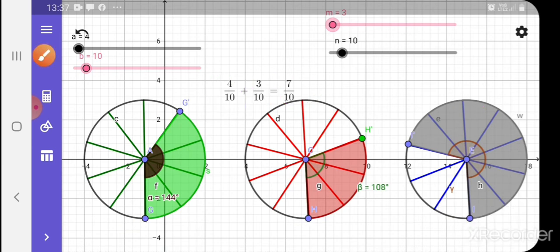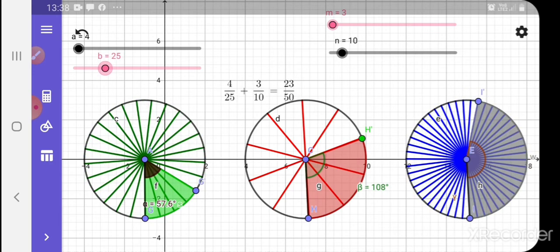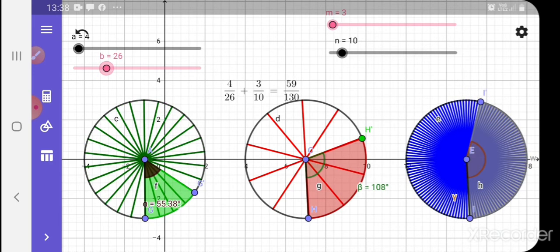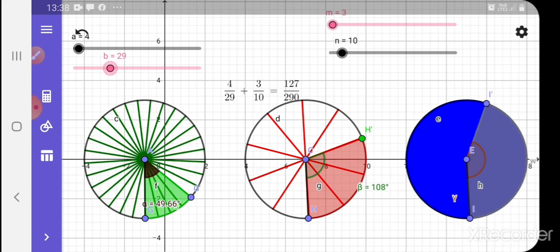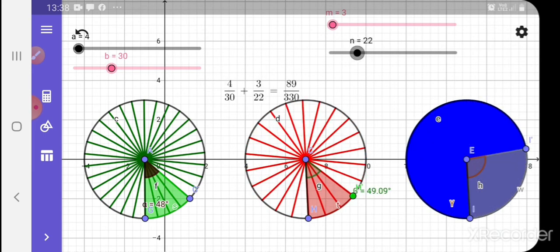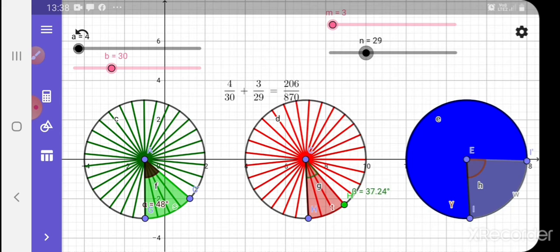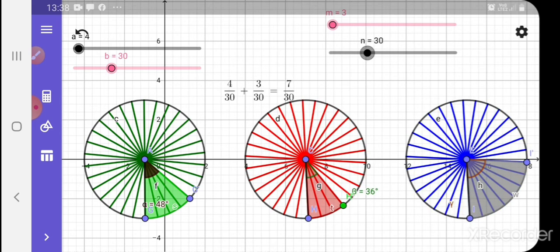If you change the denominator of the first fraction, say 30, similarly change the denominator of the second fraction.